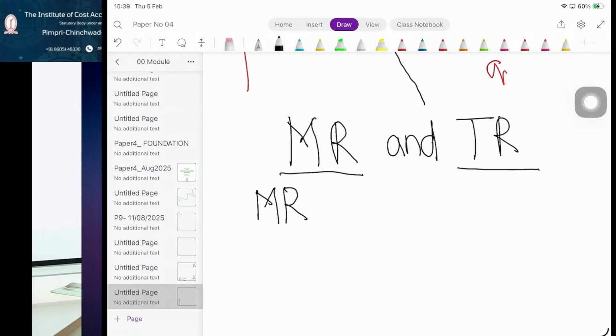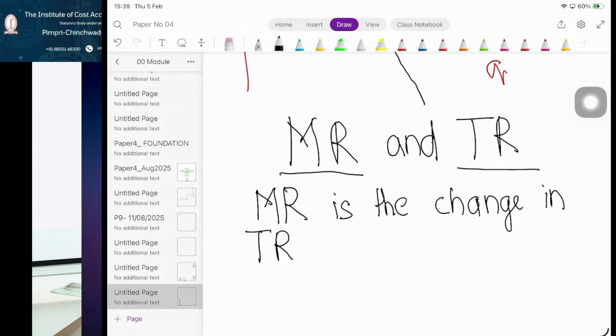Remember, marginal revenue means that entire function.